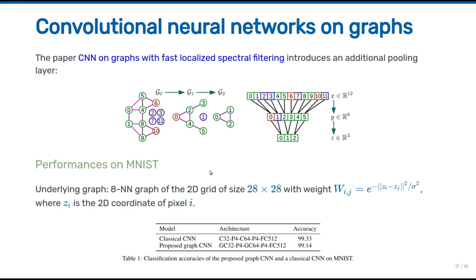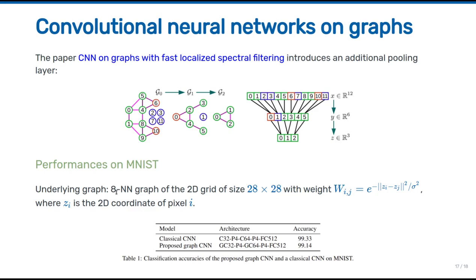this is a result taken from this CNN on graphs paper. They looked at the classification task of MNIST. So this is a standard digits dataset on the grid, but instead of looking at the grid, they constructed, as you see, a variation of the grid.